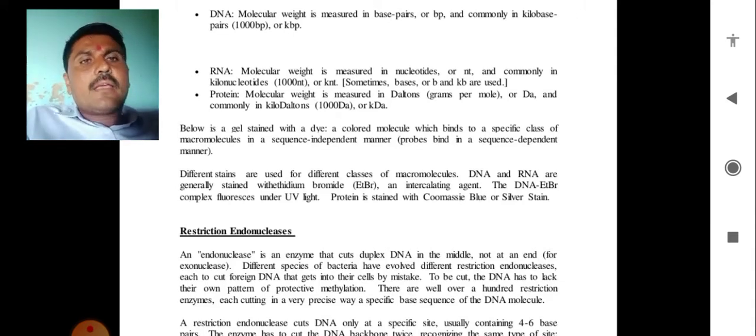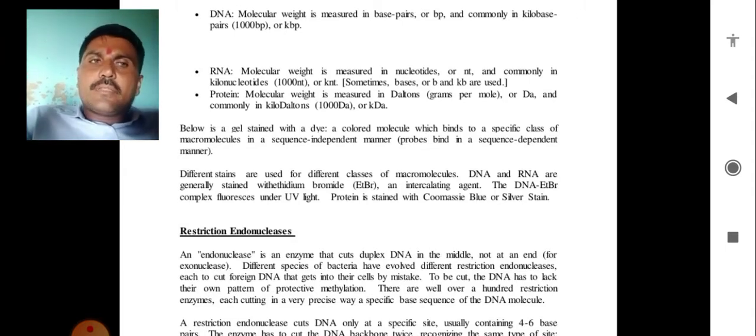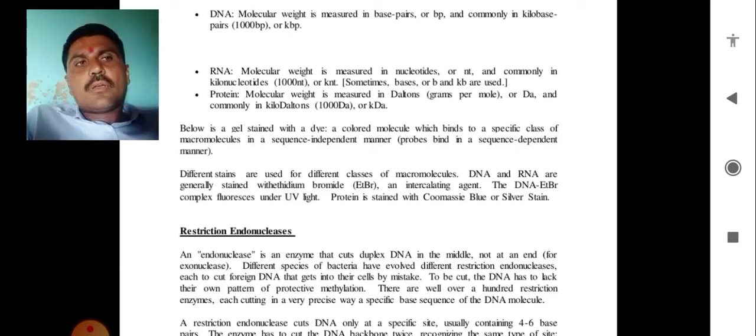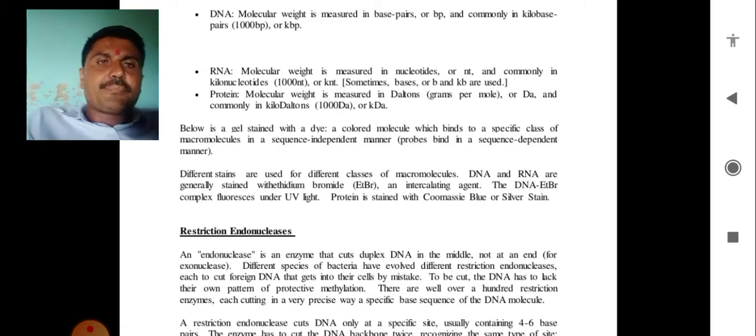DNA and RNA are generally stained with ethidium bromide, an intercalating agent. The DNA-EtBr complex fluoresces under ultraviolet light. Protein is stained with Coomassie blue or a silver stain.